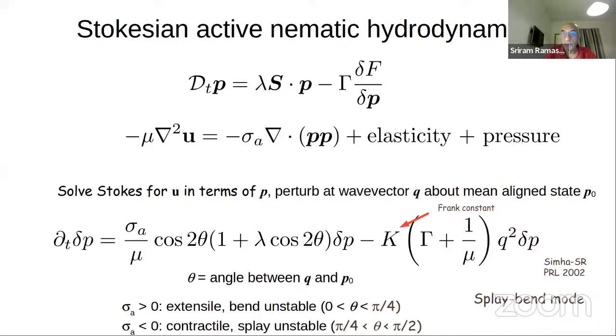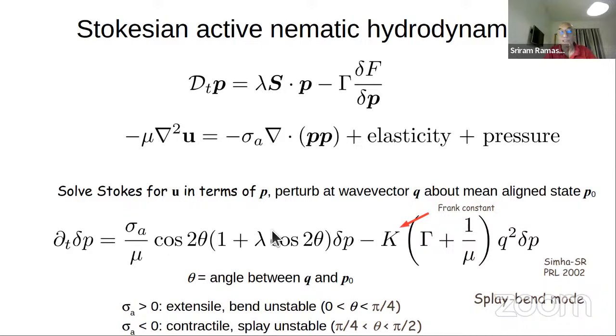Let's say it's pointing in some direction, which I'm calling P0. And I perturb it with disturbances at wave vector Q about that aligned state. I get a dynamical equation for P, which has two pieces. One is the orientation trying to relax to become uniform so that this free energy functional is satisfied. That takes this form. And one coming from the active processes, which takes this form.